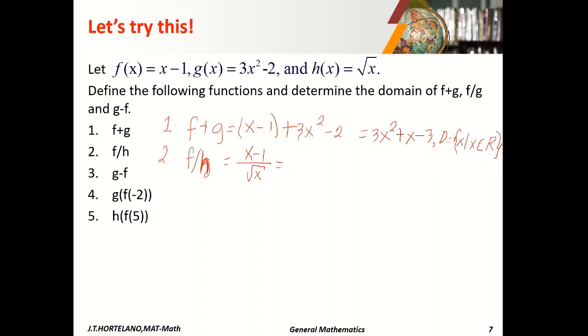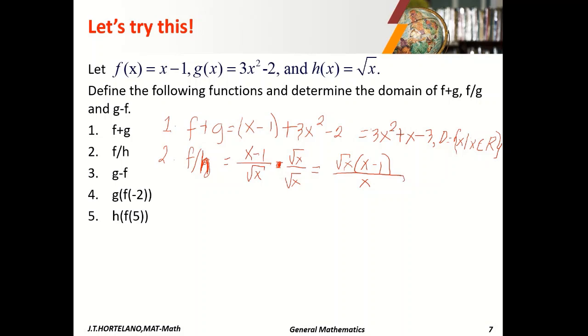Now, we have a rule in a fraction na pag ang denominator mo ay radical, this is not the simplest form. So you have to rationalize. So how do we rationalize? All you have to do is just multiply both numerator and denominator by square root of x. So this will become square root of x times the quantity of x minus 1 all over x. Okay? So that's our final answer.